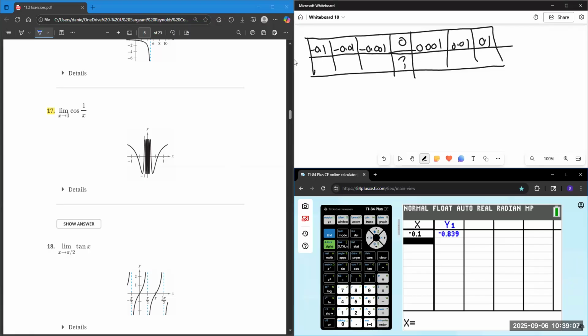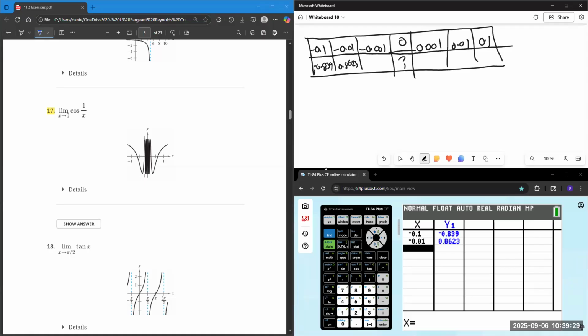-1/10 is -0.839, -1/100th is positive 0.8623.